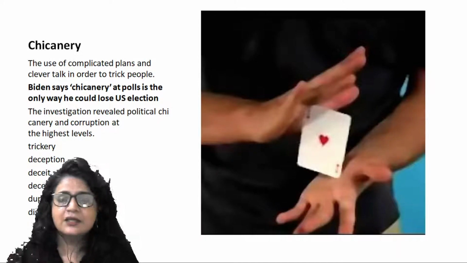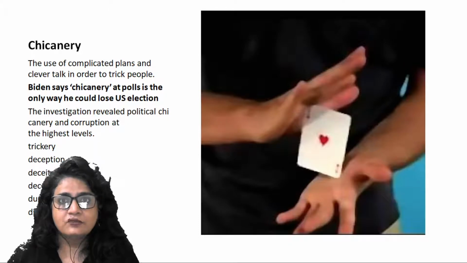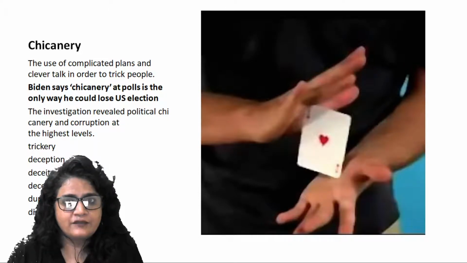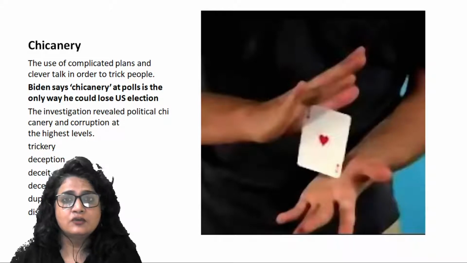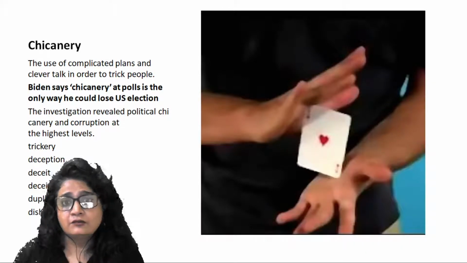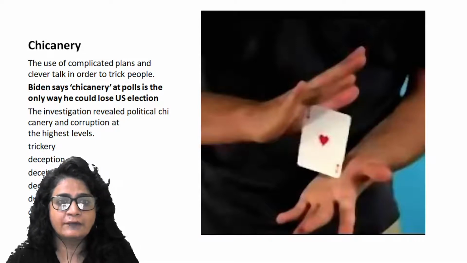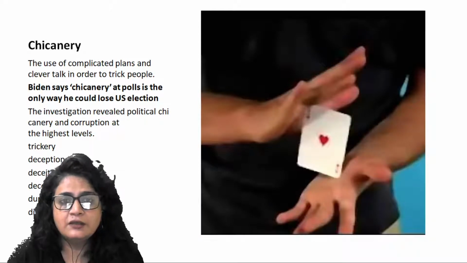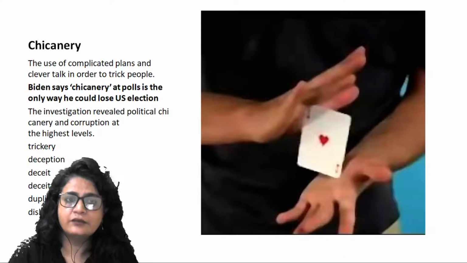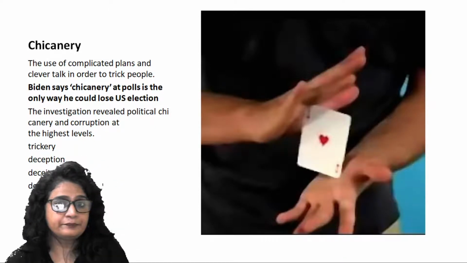Alright, so this sentence itself sums up the meaning of chicanery. धोखाधड़ी, trick, छल कपट. So that is what chicanery is. ठीक है? So कुछ ऐसा करना जो honest नहीं है. Something which is not full of integrity is chicanery. So the investigation revealed political chicanery and corruption at the highest level.